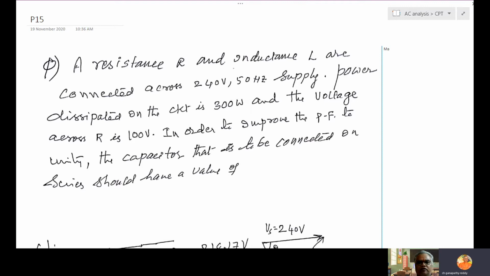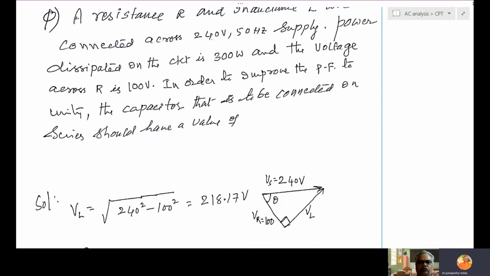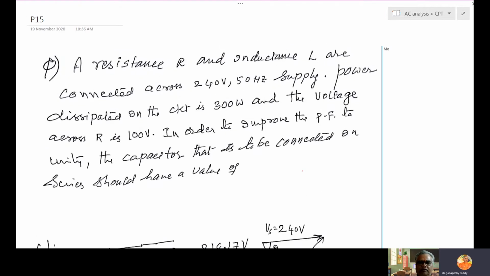Resistance R and inductance L are connected across a 240 volts, 50 Hz supply. So what is the given data? Resistance R and inductance L are connected across this.